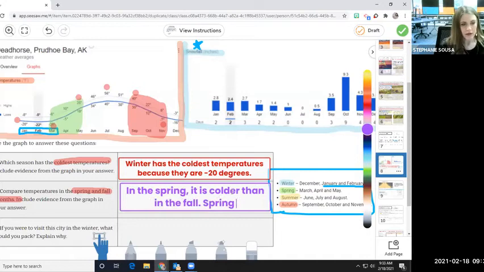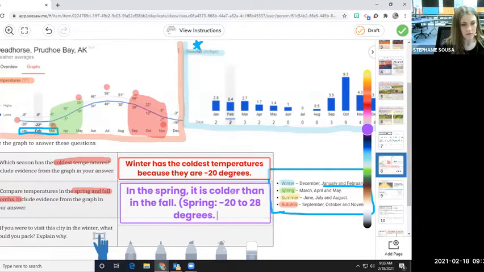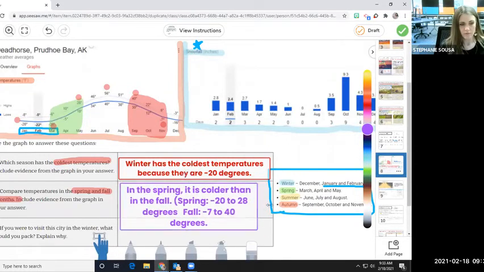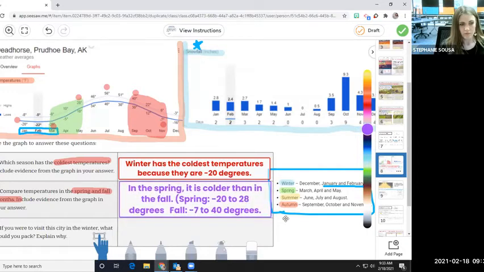In the spring, I'm going to put some data here. In the spring, it goes from -20 to 28 degrees. In the fall, it goes from -7 to 40 degrees. I'll give you a moment to type those.